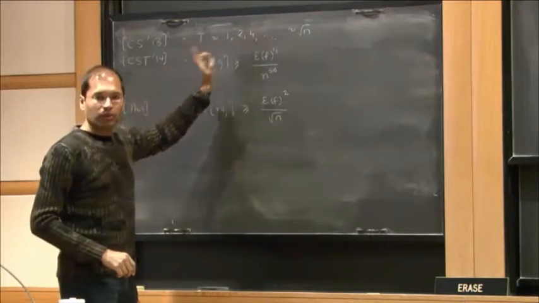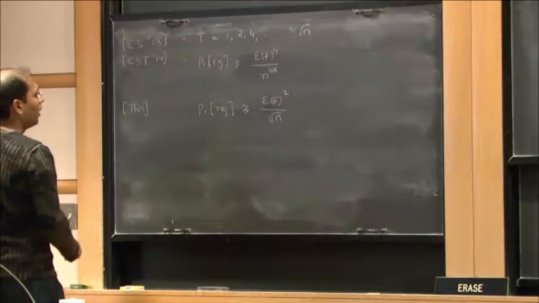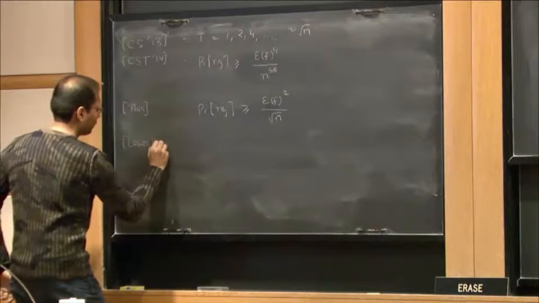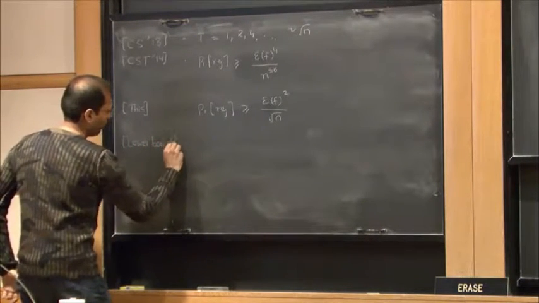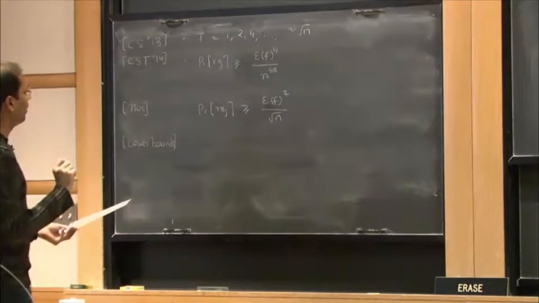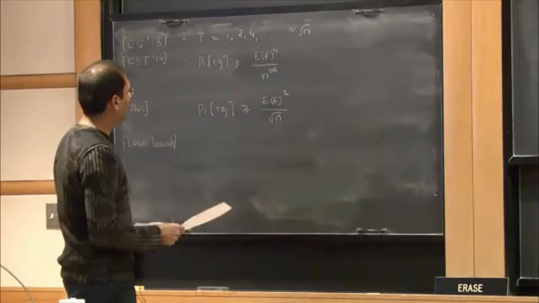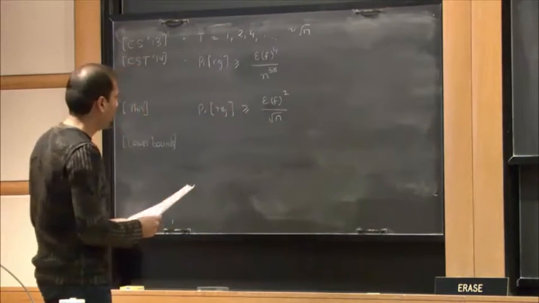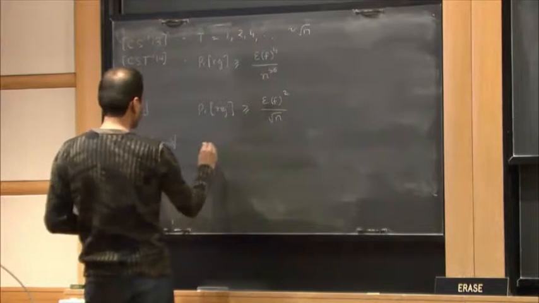Yeah, the tau distribution is the same. So for lower bounds, there is some subtlety, but more or less it can be argued that this is optimal in both the parameters epsilon and n.